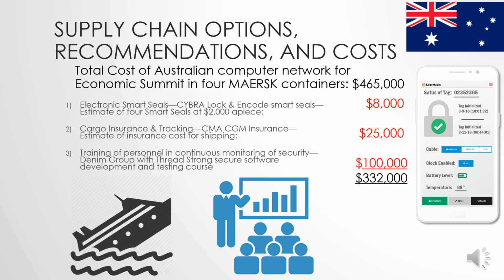Cargo insurance and tracking is necessary because should there be any loss or damage to the cargo, insurance will save the lengthy administrative process of reclaiming damages with no guarantee of the outcome, to the loss of taxpayer money.